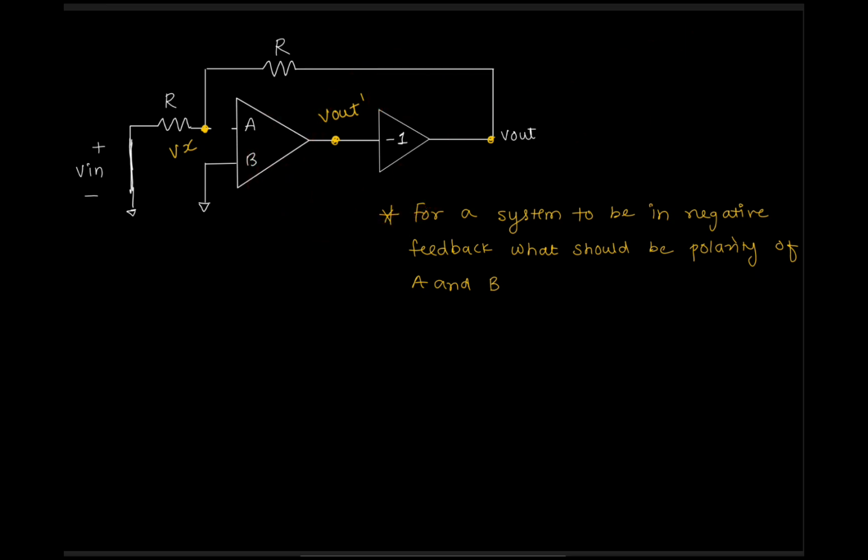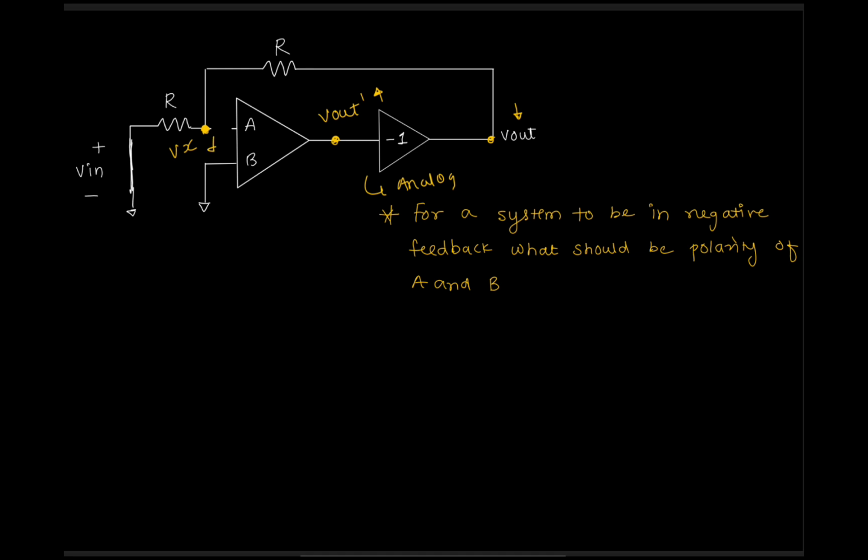So same thing we'll do. We'll increase this. V out dash increases. So what will happen? This is the analog buffer with a gain of -1. So if this tries to increase, this analog buffer will decrease it, as it has a minus gain. So if this voltage decreases, what will happen?